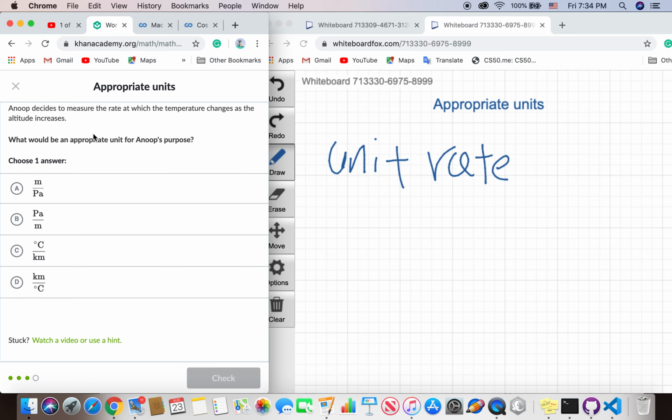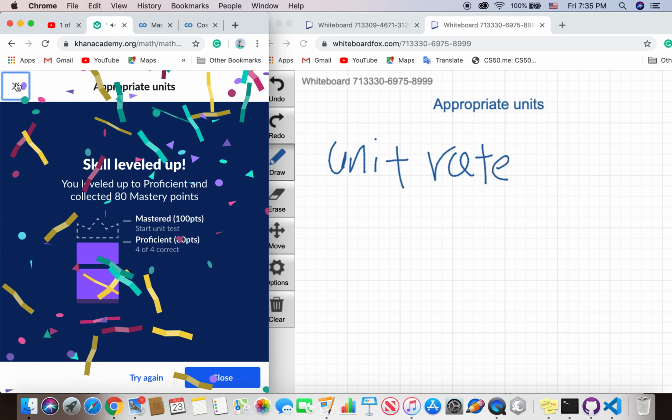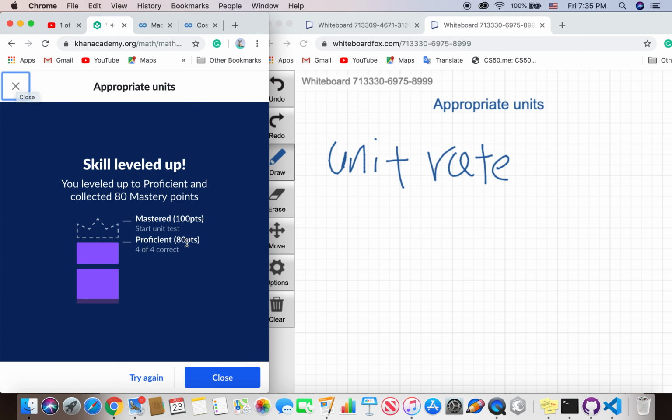So he wants to know how temperature changes as the altitude increases. It's obviously one of C or D. So I will go ahead and say this one. Okay, that's great. That's called appropriate units, and we finish it.